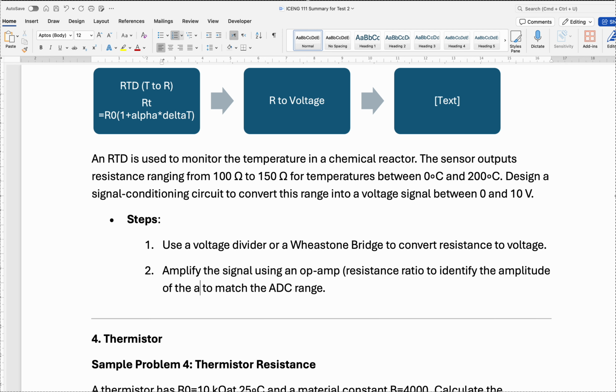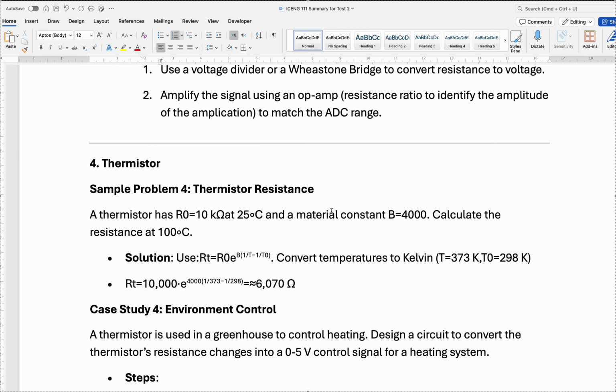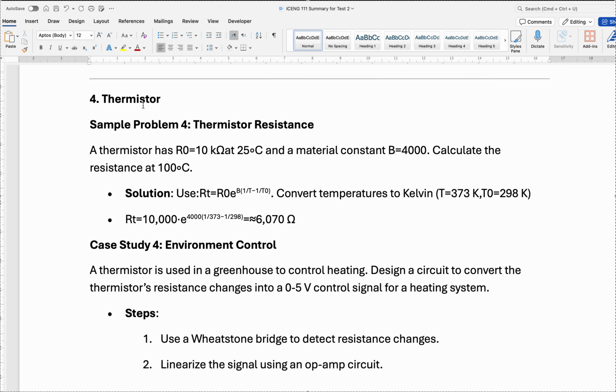Okay, so I hope this is clearer to you of how this is reflected in a design way. Okay, good. Going back to the thermistor.